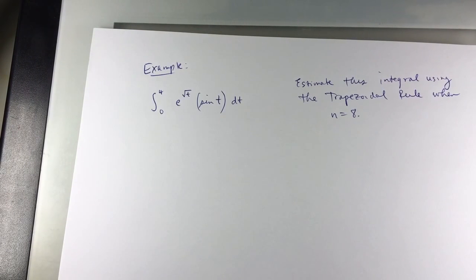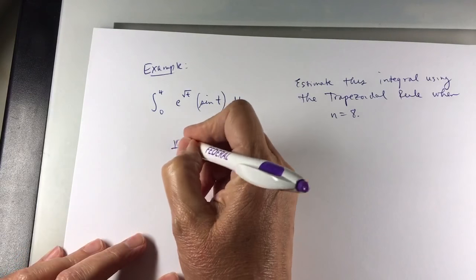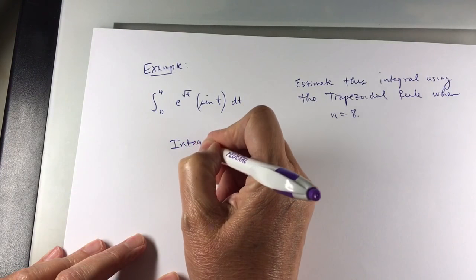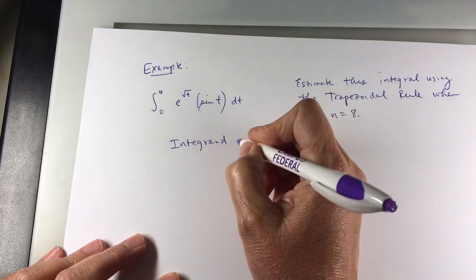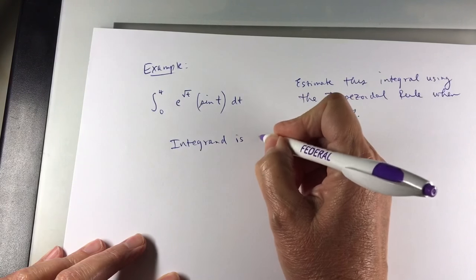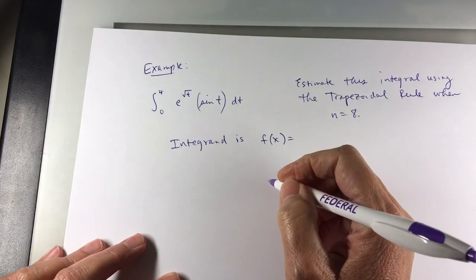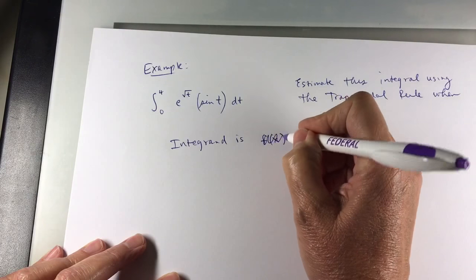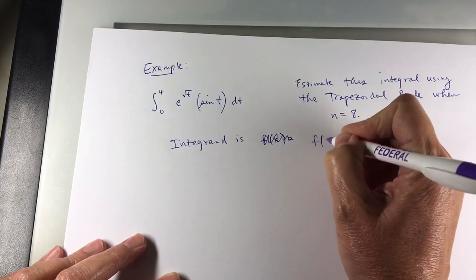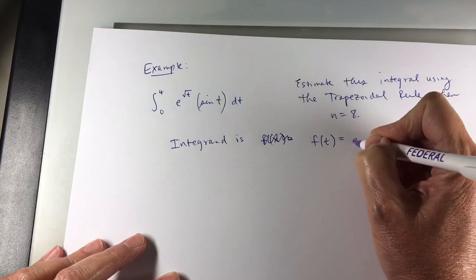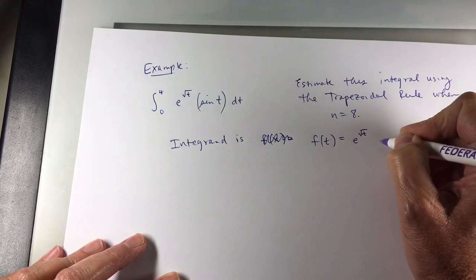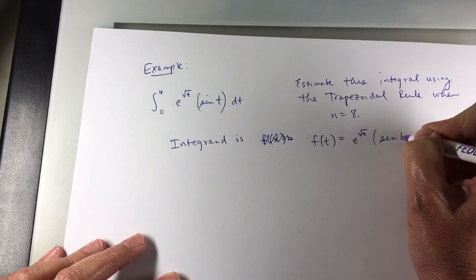Looking at this one, for this problem the integrand is, I'll write it as a function, f of x or f of t, I guess I'll change that. F of t is e to the square root of t times the sine of t.